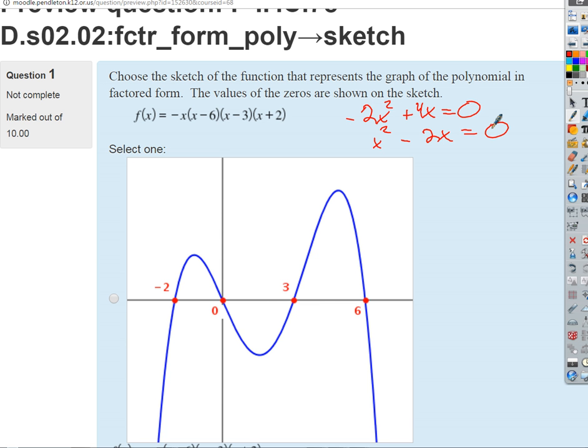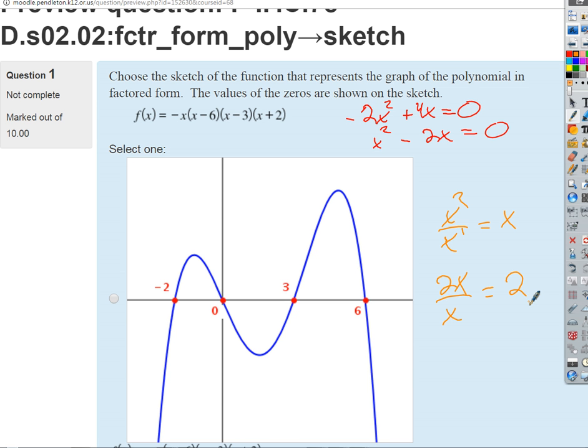What is x squared divided by x? x, right? By our properties of exponents, x to the 2 over x to the 1 is x. What is 2x divided by x? 2, right? So x divides evenly into both of those terms.